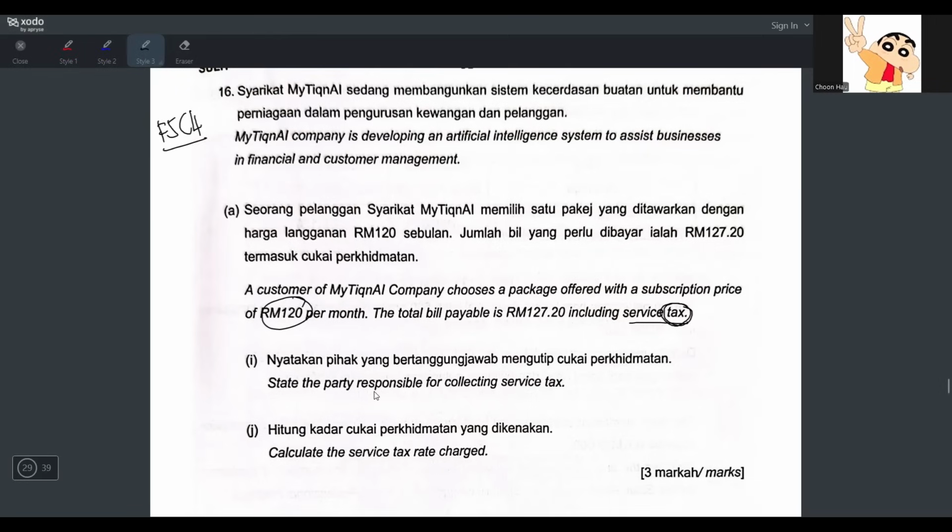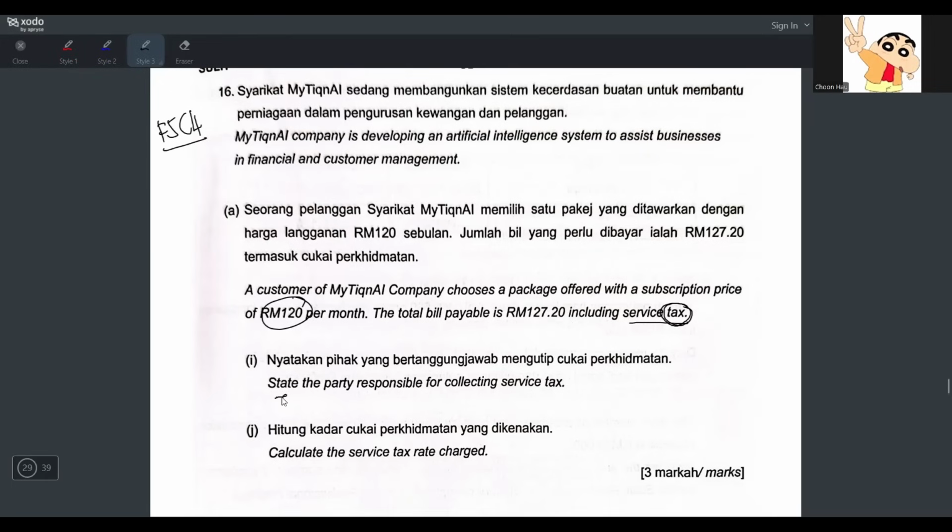I remember asking my students to memorize all the authorities for all the different taxes. Like for Cukai Pintu it is Majlis Daerah, or District Council in English. And then quit rent, Cukai Tanah, is the Pejabat Tanah, State Land Office. And for service tax it is JKDM. So how to write?